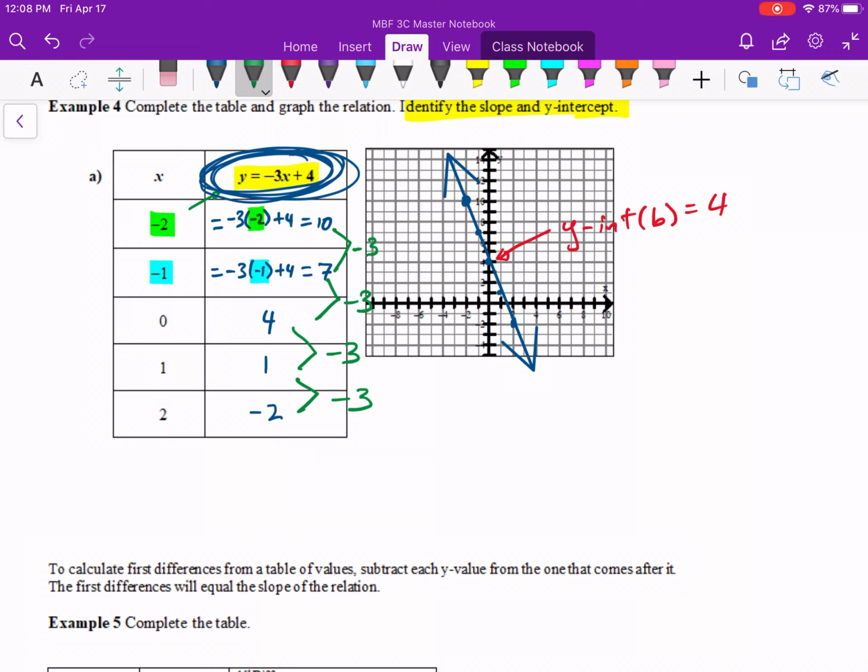And remember, slope is represented by the letter m, y equals mx plus b. And that makes sense because if we go back to this equation here, y equals mx plus b, we can see that m was -3, which again I can see here, and that b is 4.